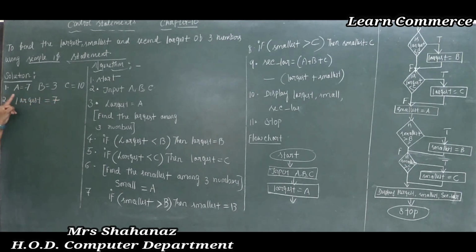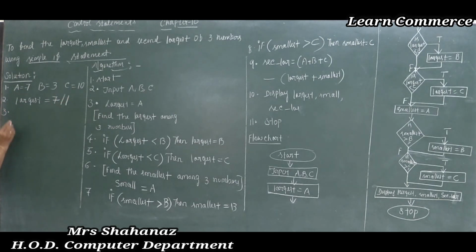So I am going to write largest is equal to A. It is just my assumption here. I am still not sure which is the largest, so first of all I am just assuming that A is the largest.